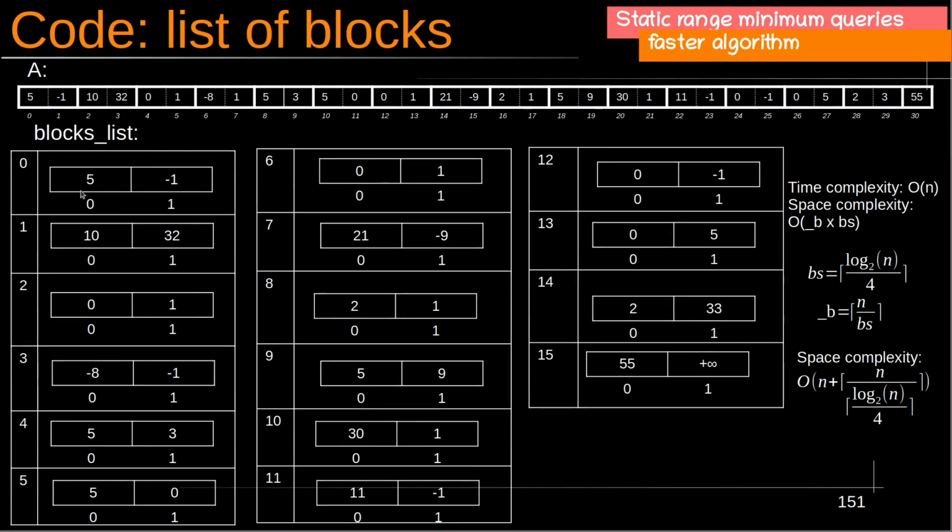So we can say that the number of all elements here could be n, or slightly more than n, but we can say that it is n.